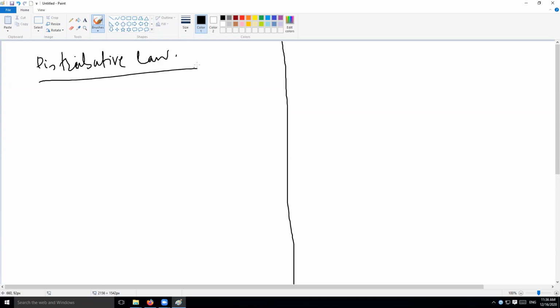By the way, can someone give me the statement of the generalized distributive law, say union over intersection? Will someone tell how it should be written?